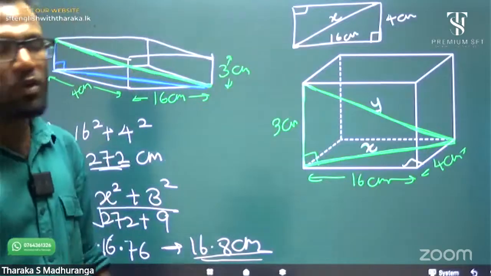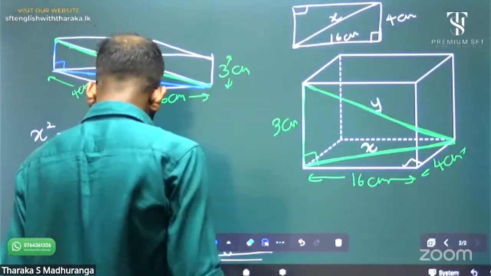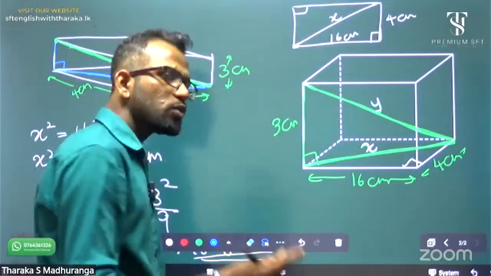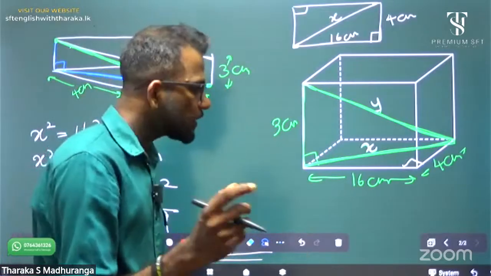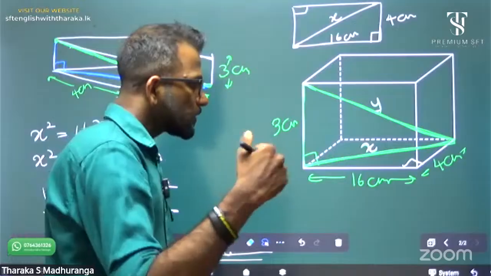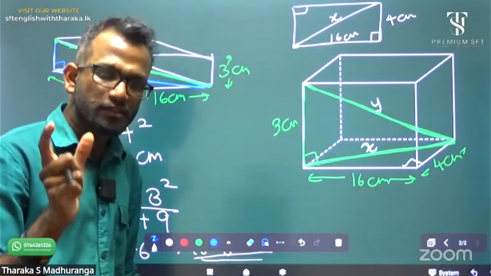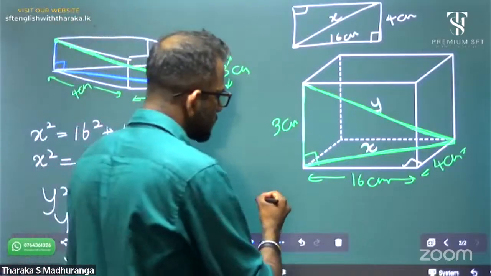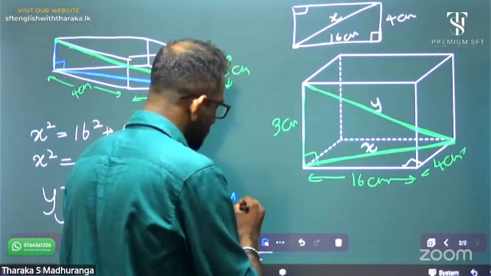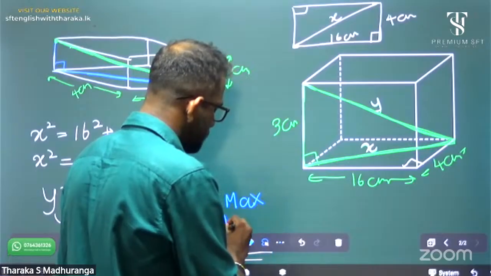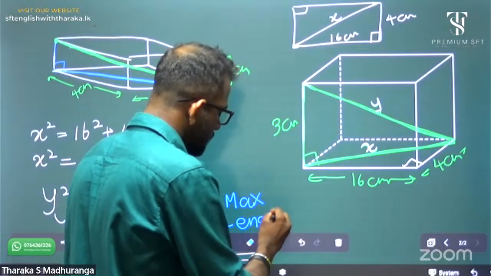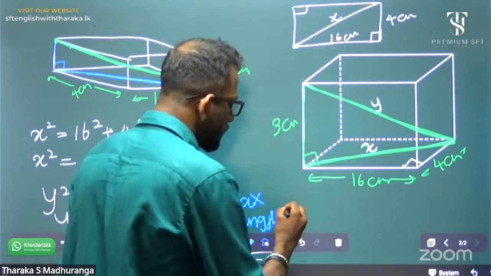Okay, I will explain short method. This type, the any cube or cuboid, the maximum length we can keep inside this box. Remember the short method, the maximum length we can store in this box.